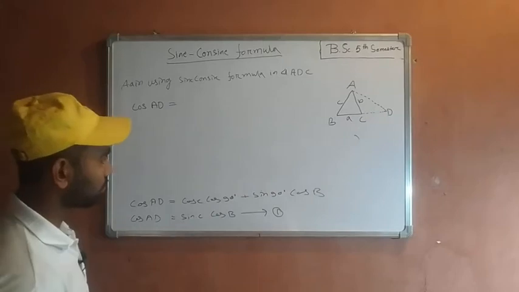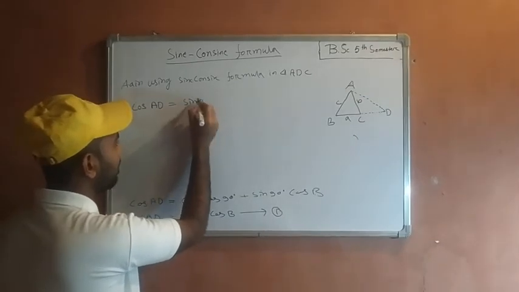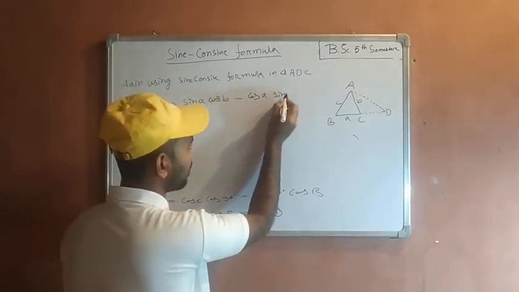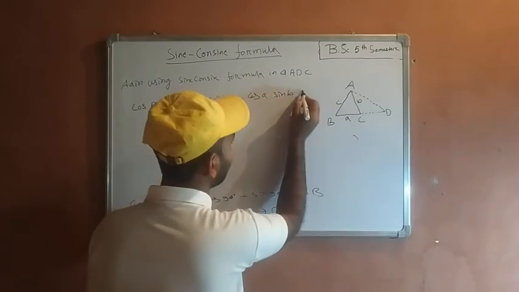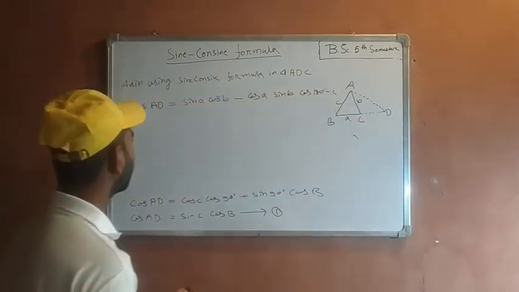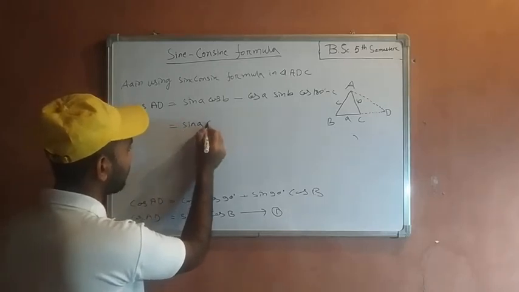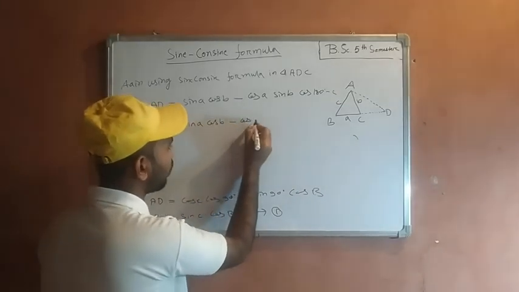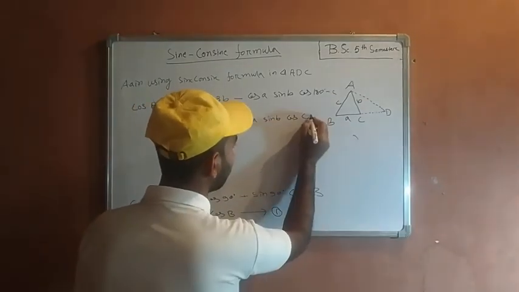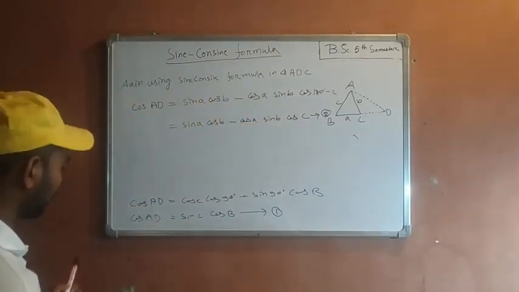Cos AD equals, directly I am writing, sin A cos B minus cos A sin B and cos of 180 degrees minus C. So we write sin A cos B minus cos A sin B and cos capital C. Okay, this is equation number 2.